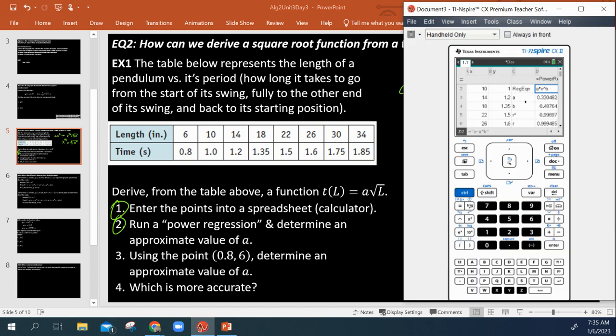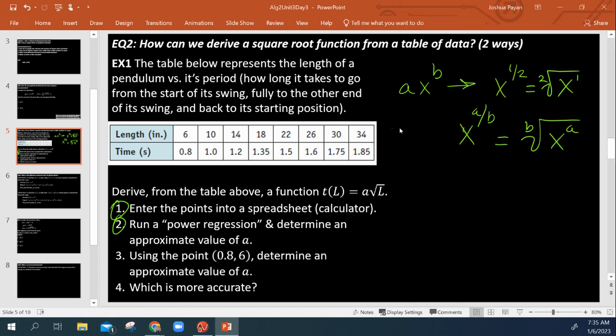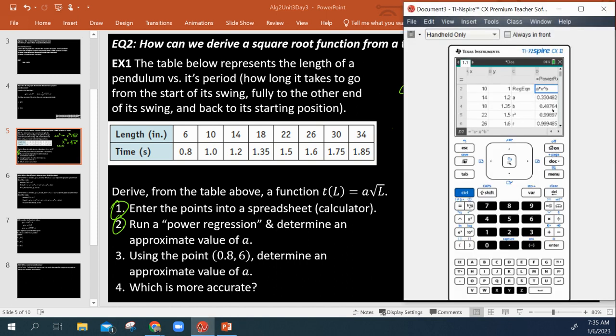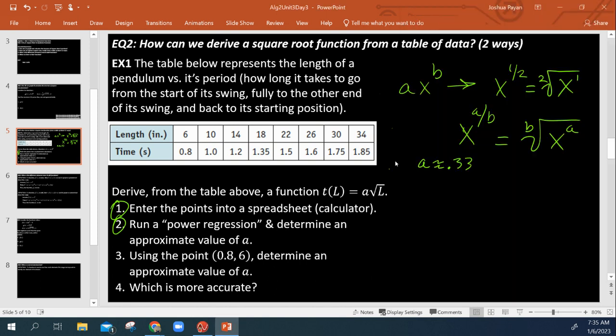It's telling us that the a value is 0.33, so a is about 0.33. And it's telling us that b, this exponent here, is about 0.50, so about 0.5 or about 1/2.